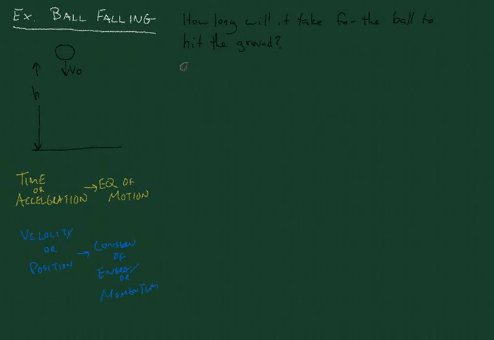So let's say we have an acceleration. Our acceleration in this case is just minus g, because we're looking at one-dimensional motion, so I'm going to leave the vector signs off. We're just going to assume that everything is a one-dimensional equation. Our velocity then is the integral of a dt, which is v0 minus gt.